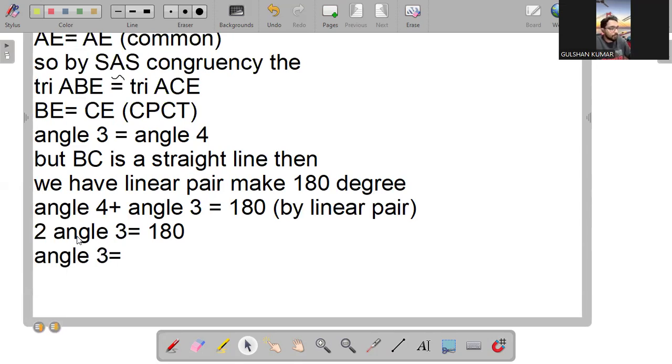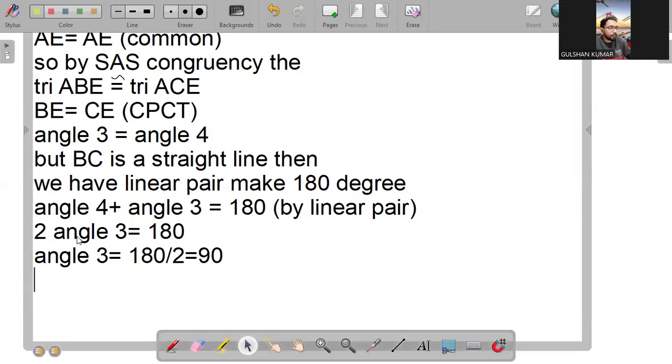Angle 3 equals 180 divided by 2, that is 90 degrees. So angle 4 will also be 90 degrees, because angle 3 and angle 4 are equal.